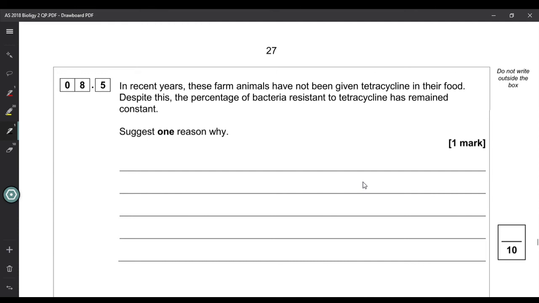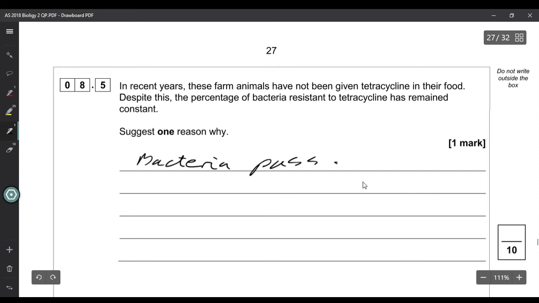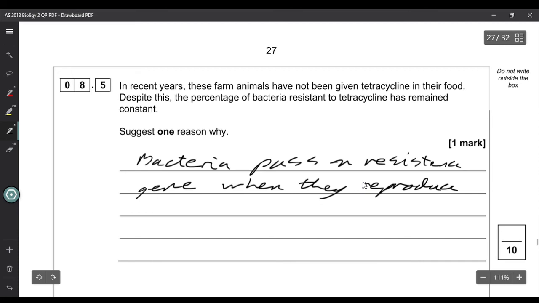So we can say that the bacteria pass on the resistance gene when they reproduce. The gene just doesn't disappear because the antibiotic is not used very much any longer. It's still in the population.